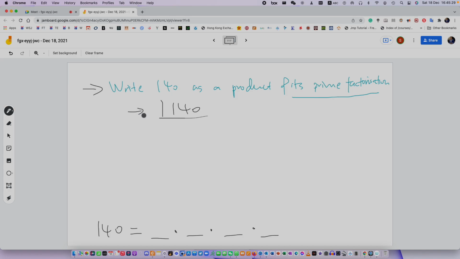Right on it. So write down the first few primes to help you out. You skipped the 5, by the way. So 2, 3, 5, 7, 11.